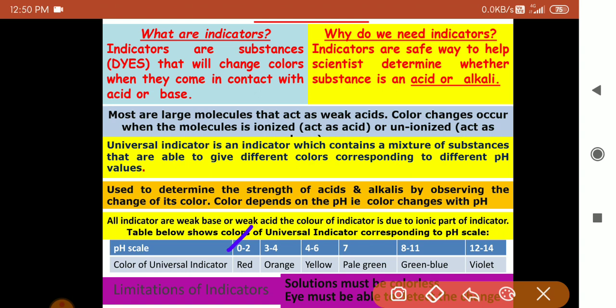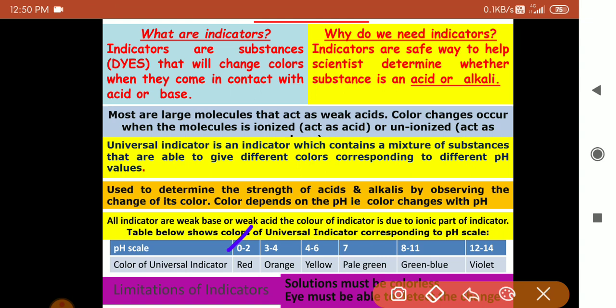Then when the pH is 3 to 4, in both cases it will show an orange color. When the pH is 4 to 6, it shows yellow; the color changes from orange to yellow. When the pH is 7, it is pale green, lemon green.